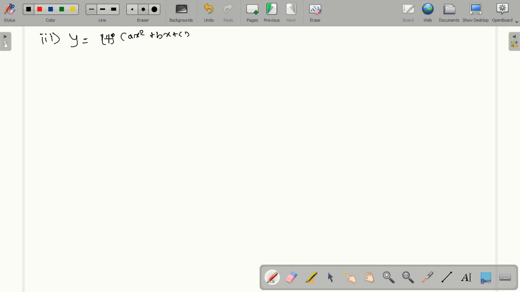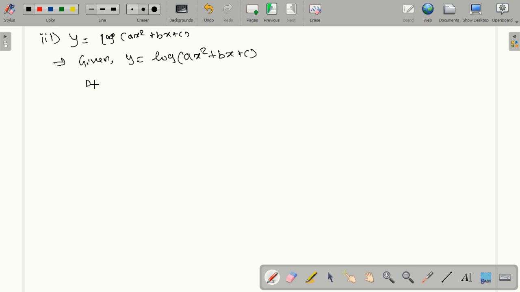So to solve this, we can say that given y is equal to log of ax square plus bx plus c.